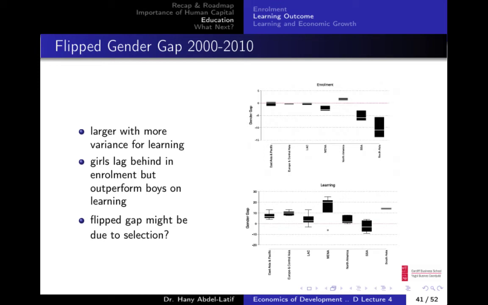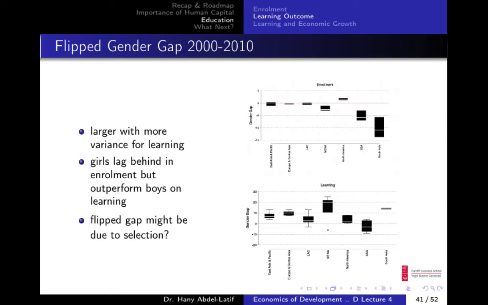That means girls perform better, because these are the test scores in math and reading. So there's a negative gap in terms of enrollment, but a positive gap in terms of learning. Some people might think this is just a selection issue, which means only top-performing girls join the school, so once they join, they are already good.